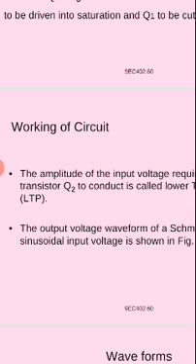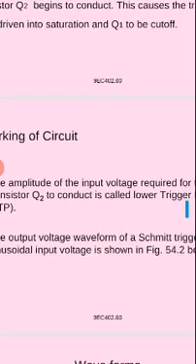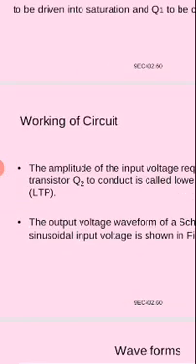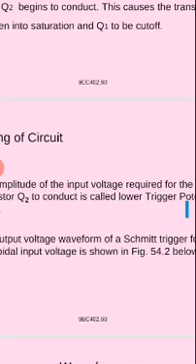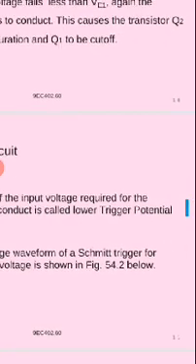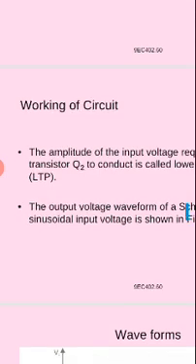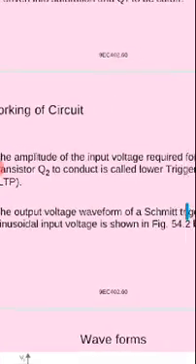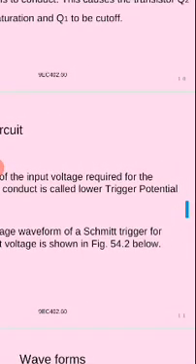Working of circuit. The amplitude of the input voltage required for the transistor Q2 to conduct is called lower trigger point.